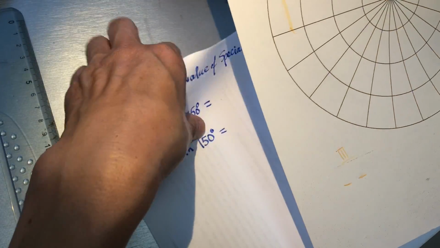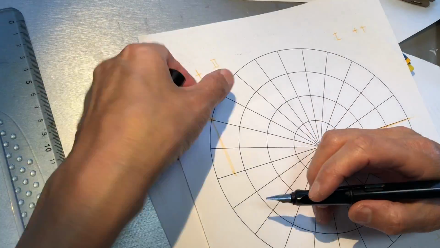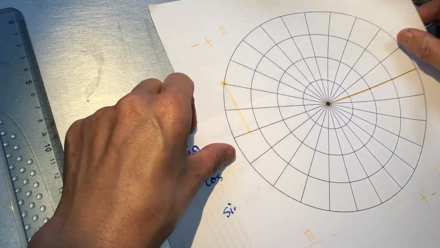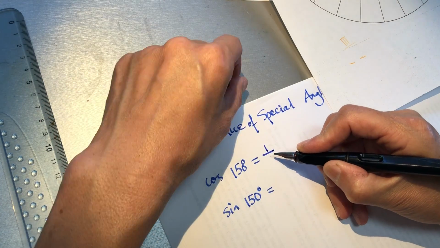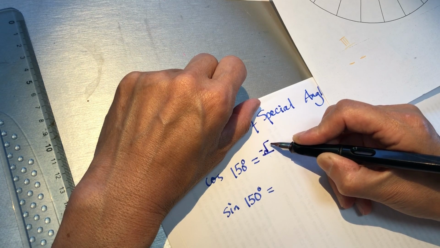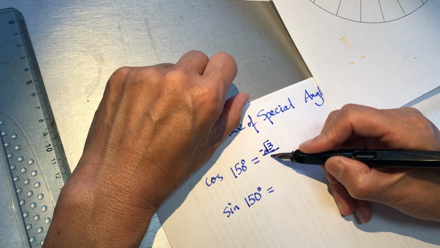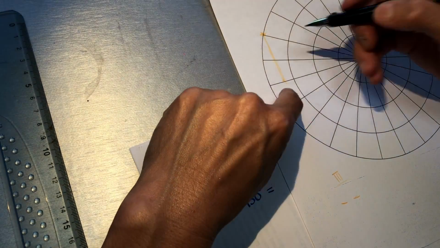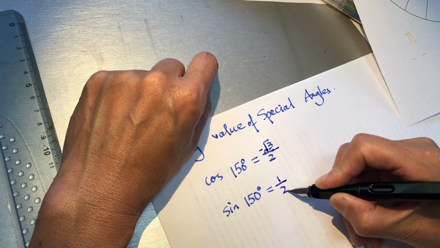Sorry, I was on the computer and on here. Not good. So cosine, x value, is negative root 3 over 2, and sine, y value, is 1 over 2.